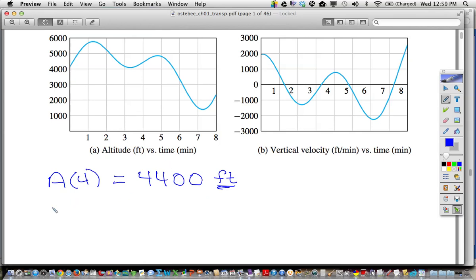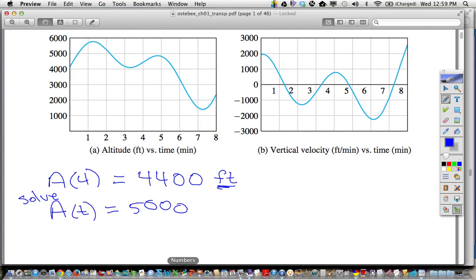If I said something like this, solve this equation, what would you be looking for there?